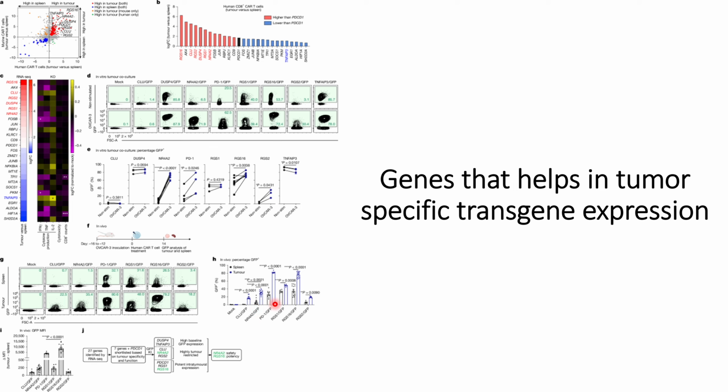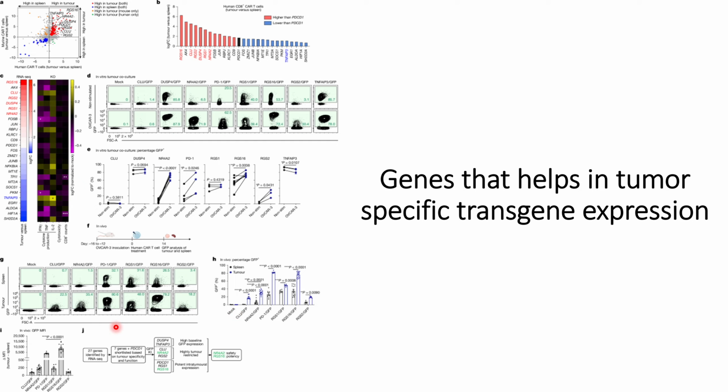There are other cases where they can see a significant difference, for example the control PDCD1, and RGS16 also shows a high difference. But for this one, the total intensity of GFP is lower compared to the other cases.